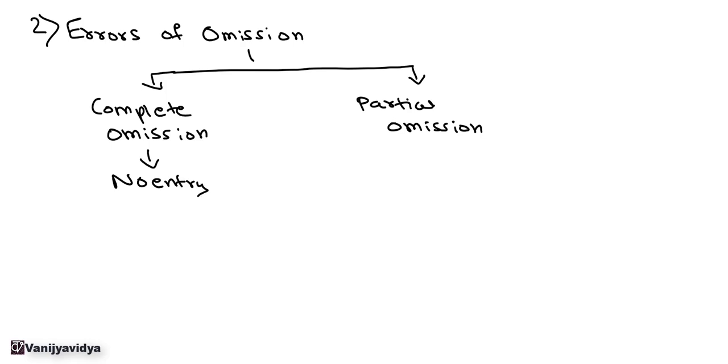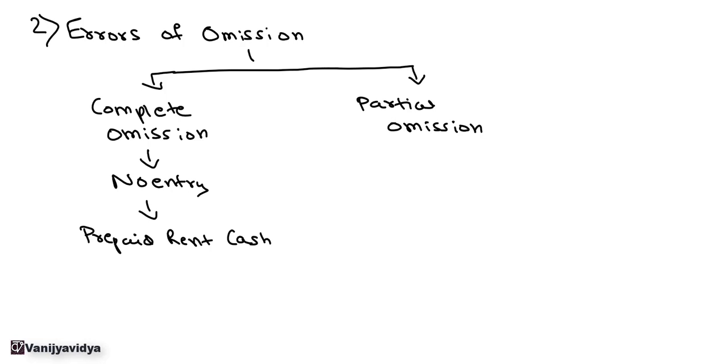Okay, they have forgotten to pass the entry. For example, say there was some prepaid rent which was paid in cash. So no entry was passed for this. The entry should have been prepaid rent account debit to cash account.